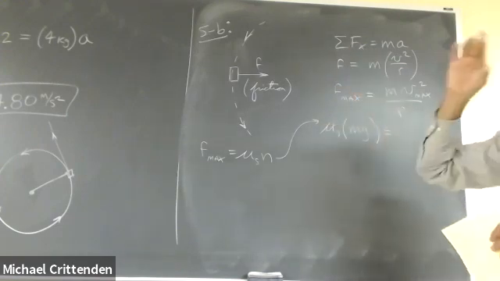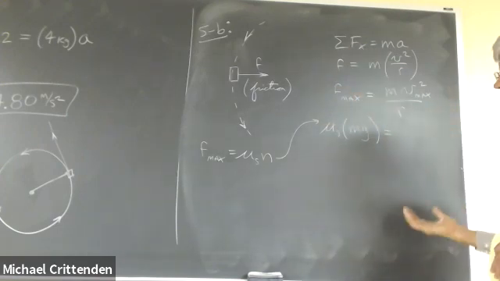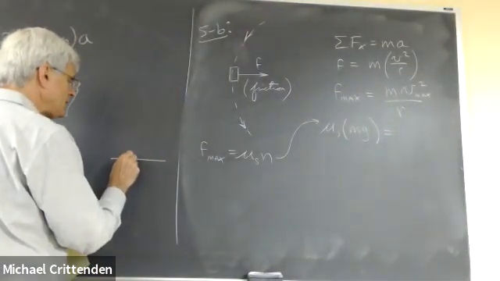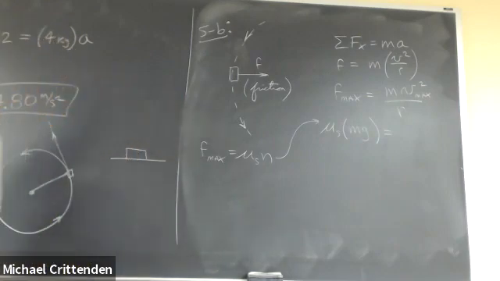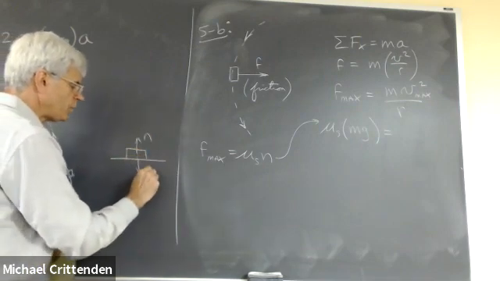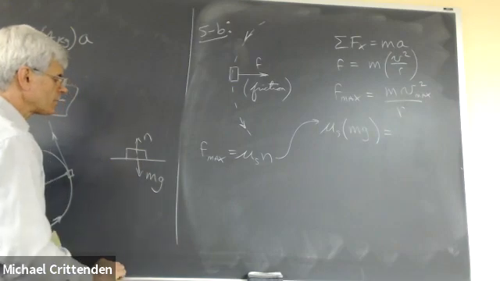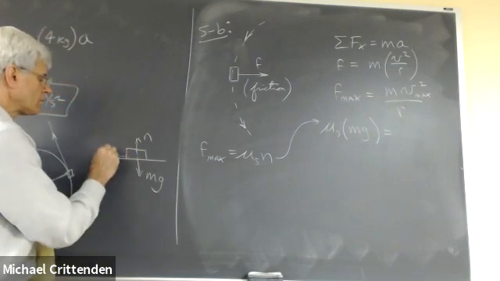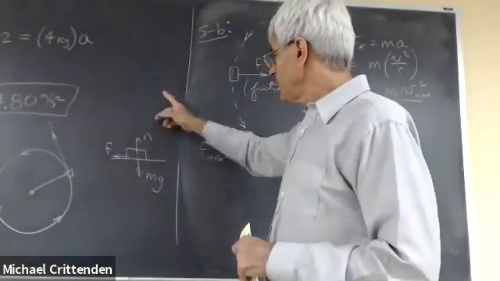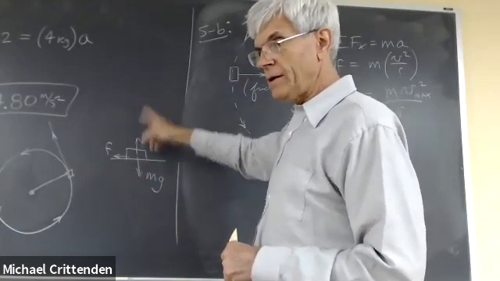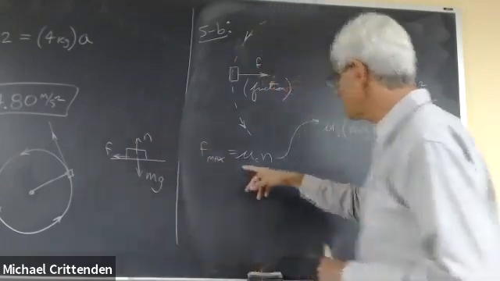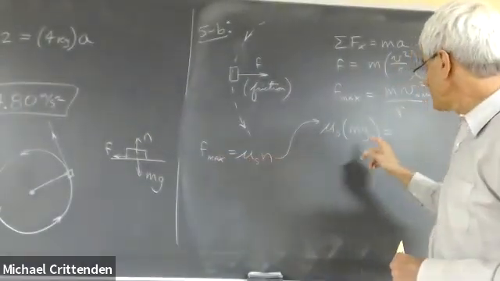As I said, doing these incline problems, the normal force is not always equal to the weight, but here, if you look at the car from the side, rather than looking down on it from above, you've got the normal force up, you've got its weight pulling down. If the center of the curve is that way, that would be the friction force. But there are only these two forces in the y direction. So N has to balance mg. They'll be equal to each other in this case. So F is equal to mu N. N in turn is equal to mg.